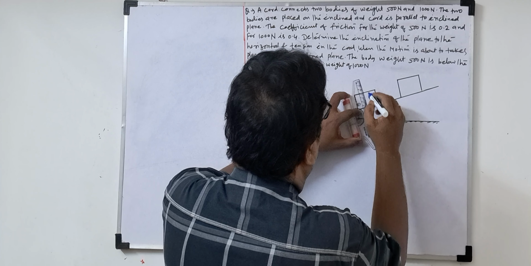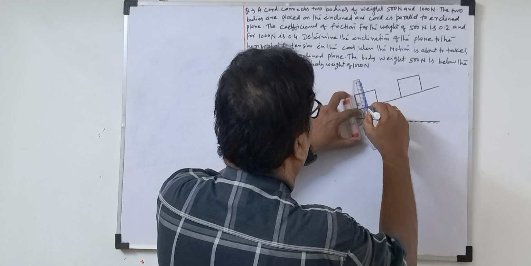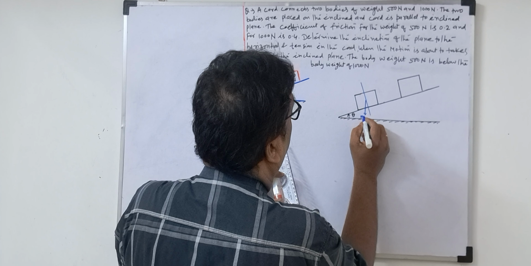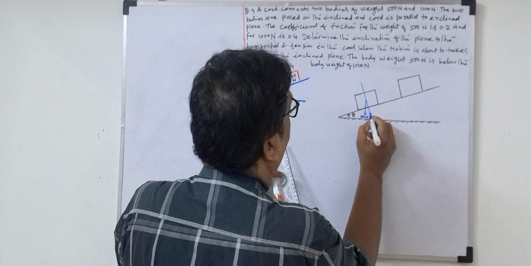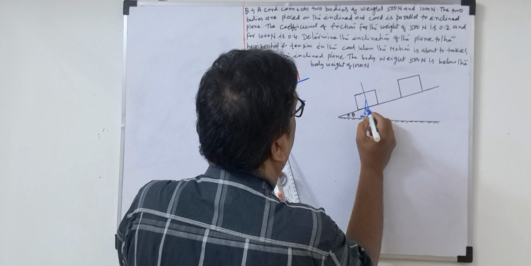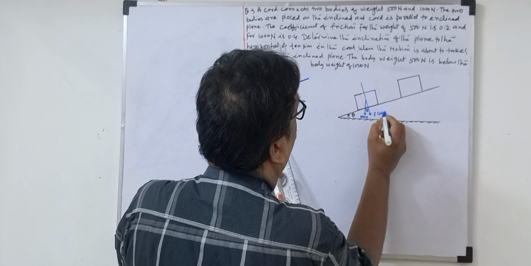Now normal reactions act along the body. So if you write 500 Newton, this will be 500, this angle theta, this also theta, so 500 cos theta.